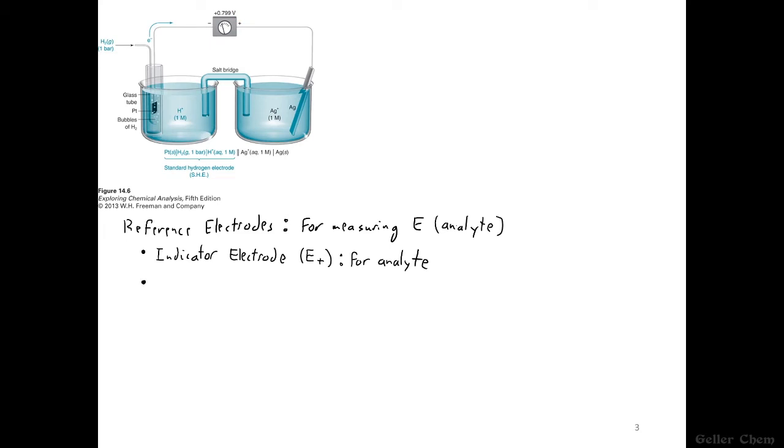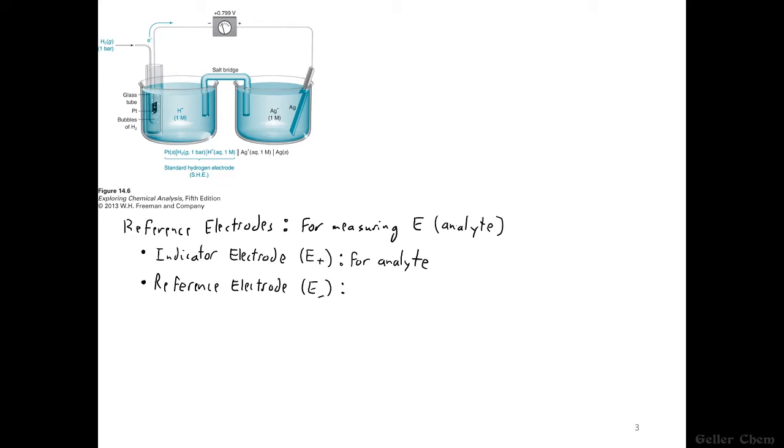And then we have the reference electrode, which is hooked up to the negative terminal, as we see above. And this is an electrode where we know everything about it, because one of the common themes in analytical chemistry is that to learn about something unknown, you must always compare to something that is known.